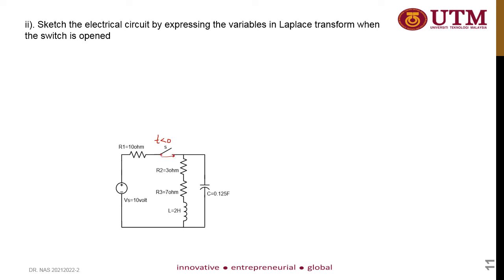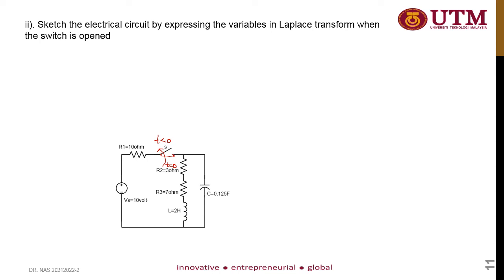So that's a complete circuit, and the current flows over the components, including the inductor and the capacitor. So there is already energy stored inside the inductor and the capacitor due to the initial state at t less than 0. Now at t equal to 0, the switch is open.